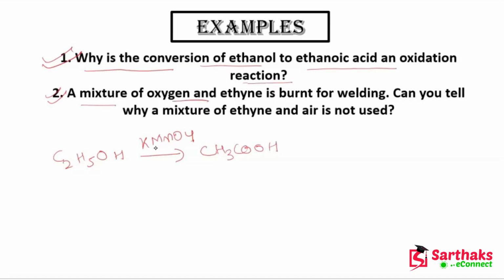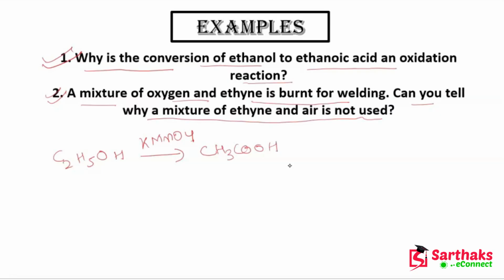A mixture of oxygen and ethane is burnt for welding. Can you tell why a mixture of ethane and air is not used? On the previous slide we discussed that when substances are burnt in the presence of enough oxygen, they will burn with a clean flame, or burn completely.